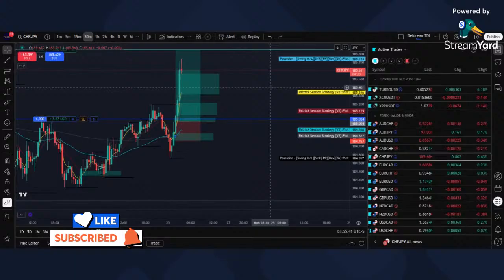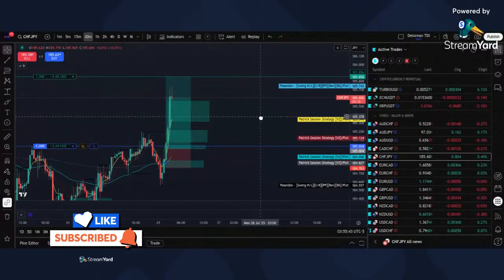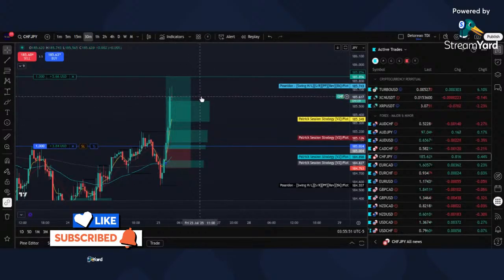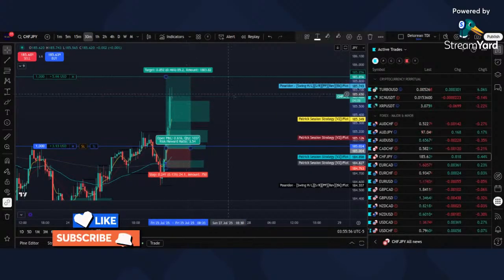We're also way up on the Swiss franc to the Japanese yen, which was our first call of the night. It is almost a take profit that should hit before the opening of the New York Stock Exchange for 85 pips. Again, congratulations to those of you that took that trade.